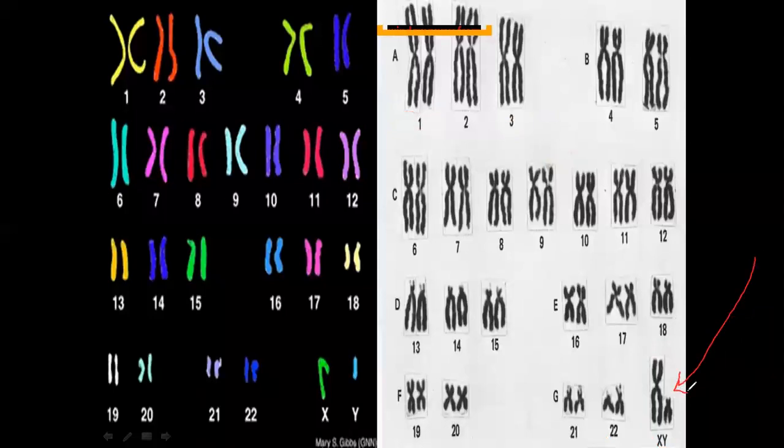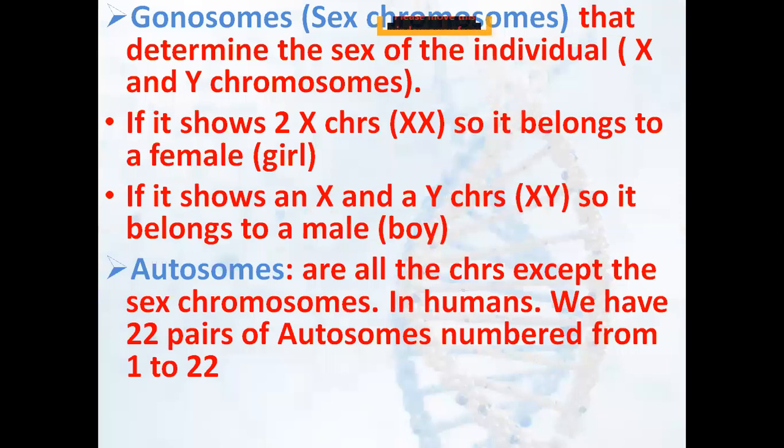Whenever we have X and Y, this is a male. So the male has X and Y as gonosomes or sex chromosomes. While if we have XX, is this a male or a female? Let's check. The sex chromosomes determine the sex of the individual. They are X and Y. If the karyotype shows two X chromosomes, XX, it belongs to a female or a girl.